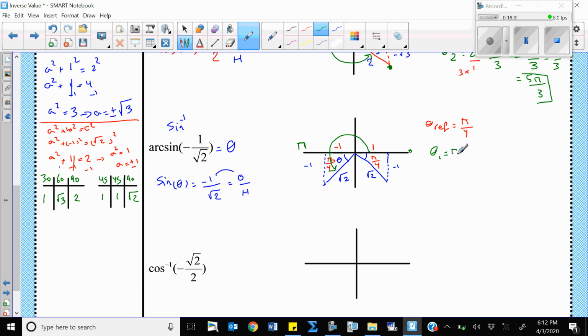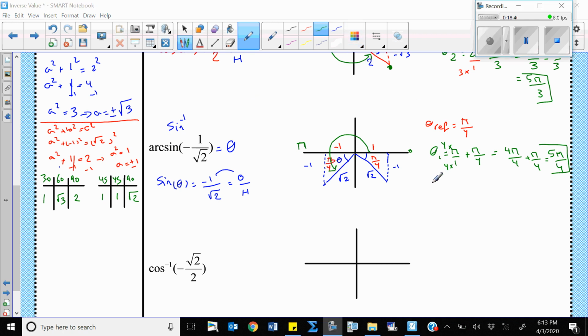So this is basically pi plus pi over 4. Again, I need to find the common denominator. The denominator here is 1. I multiply top and bottom by 4. So this will be 4 pi over 4 plus pi over 4, which is 5 pi over 4. So this is the first angle.